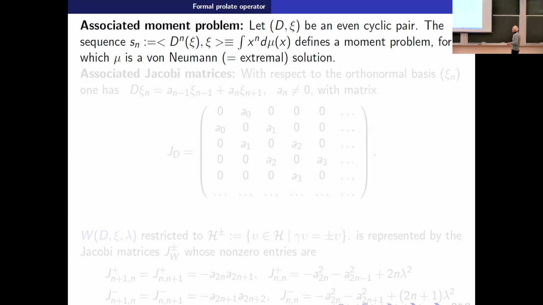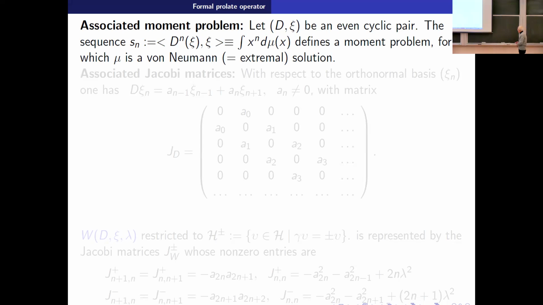In fact, the measure itself is a solution to a von Neumann problem. Von Neumann is the same as extremal solution because it's a convex set, all the measures which satisfy this moment.